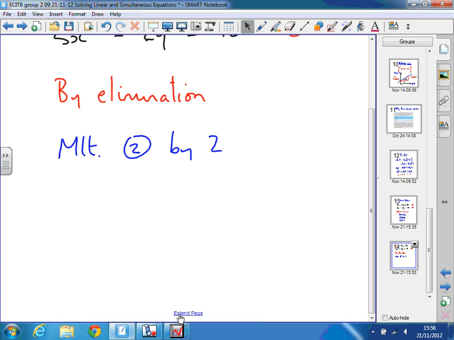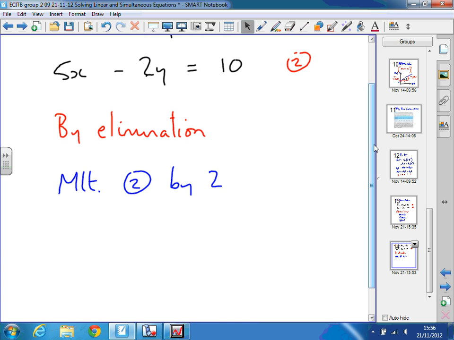And then I do that. I take each term in equation 2 and multiply it by 2. 10x minus 4y equals 20. And then I call that equation 3.